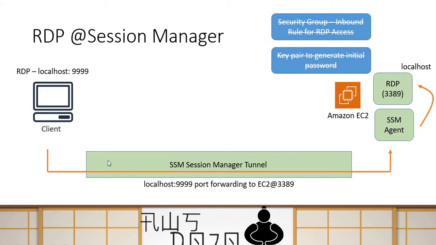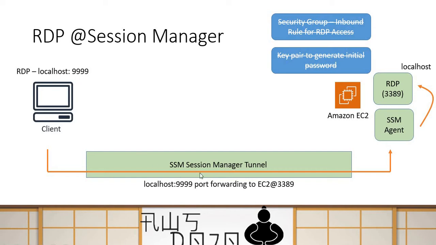So Session Manager will use this port forwarding to do a localhost 3389, but since we are doing port forwarding, your client will get RDP access to your EC2 instance over port 3389. In very simple terms, guys, your client is accessing RDP over localhost 9999.